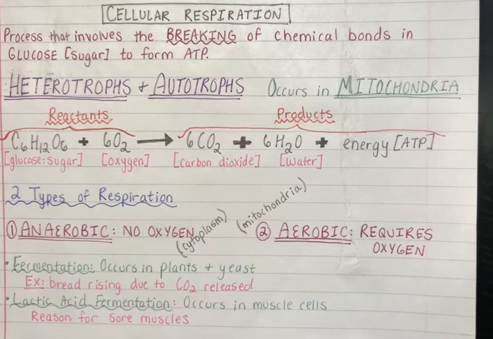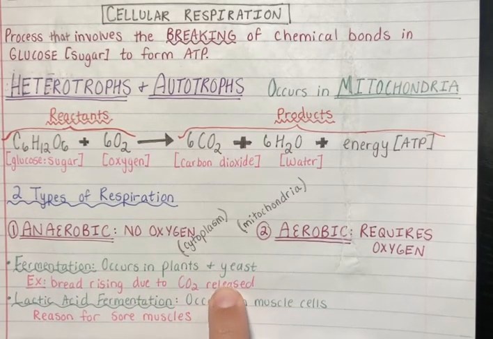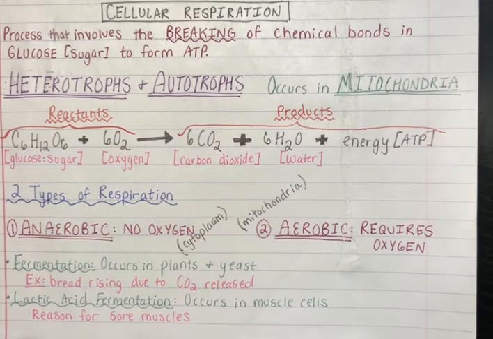An example of this would be the bread rising due to carbon dioxide being released in that dough through the yeast. So fermentation is just when there is no oxygen present, your body is still able to carry out and make small bursts of energy, ATP, using no oxygen. But it can't do a lot of it.